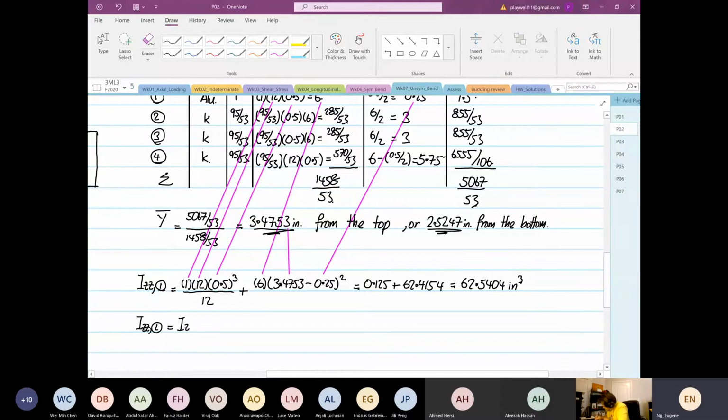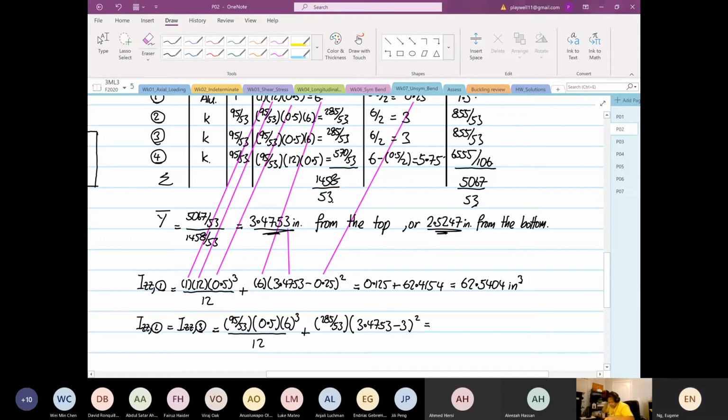Right, so IZZ2 is equal to IZZ3. So again, now your N changes. It's 95 over 53 multiplied by 0.5 times 6 cubed divided by 12, plus the area is 285 over 53, and then still 3.4753 minus 3, and then the whole thing squared.